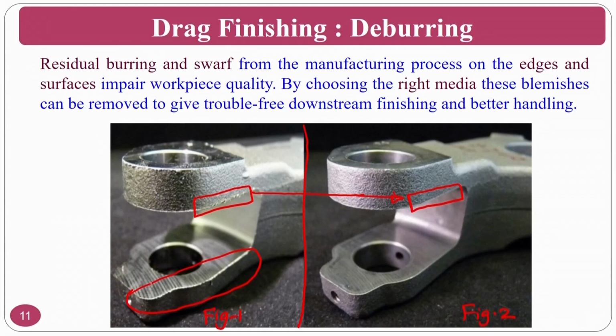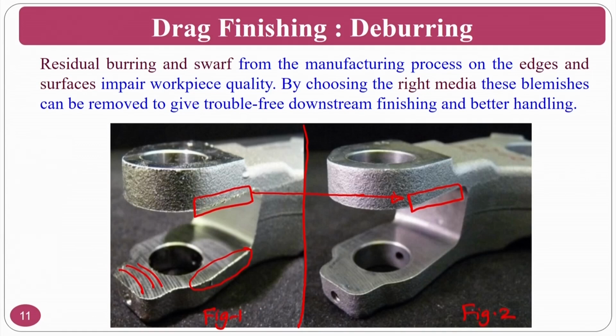For removing burrs from an existing pre-machined component, assume that people might have used a milling cutter, because there are scratch marks like this, or feed marks like this. This looks like a milling process or any material removal process where some edges remain. The unremoved material stays there, that is called burr, and these burrs are removed by using the drag finishing process.